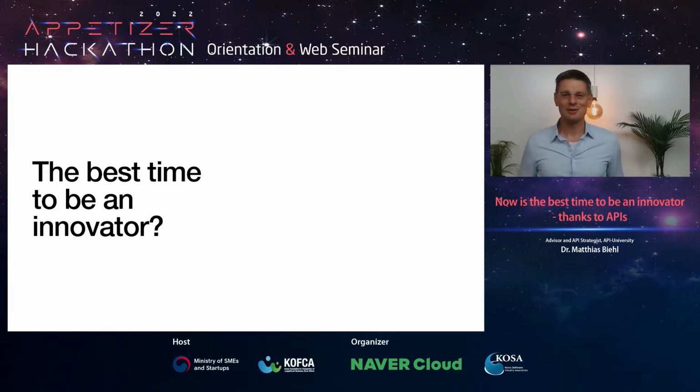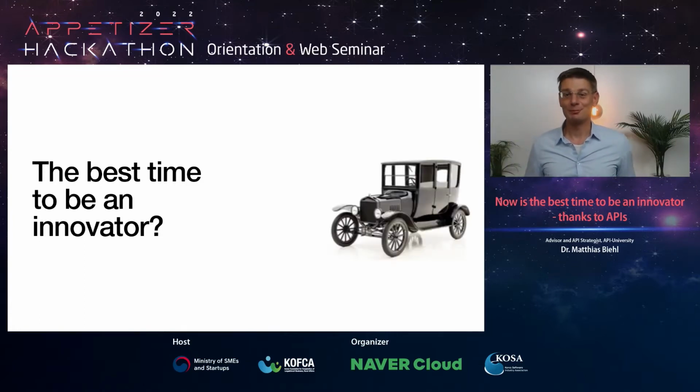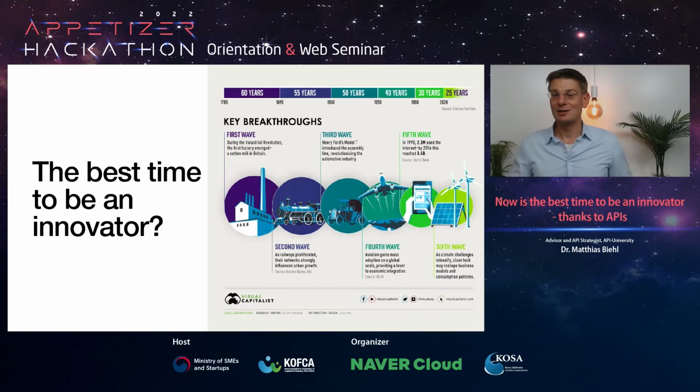Some of the things that innovators created throughout history were, for example, about 100 years ago, the first mass-produced vehicle, the first mass-produced car. But that was not the first thing. We can look back in history all the way to the Industrial Revolution, when there were steam engines and railways.